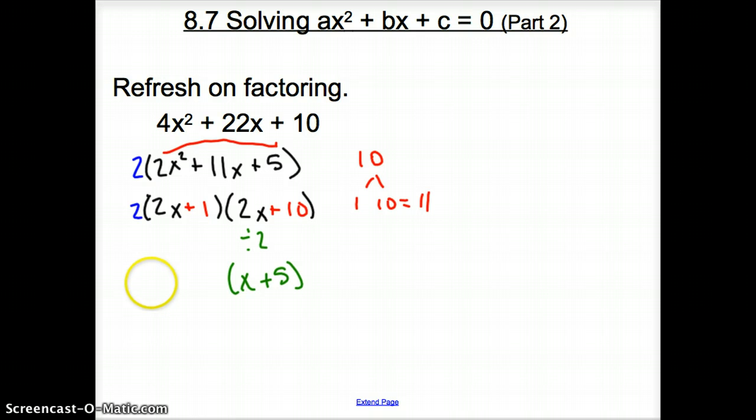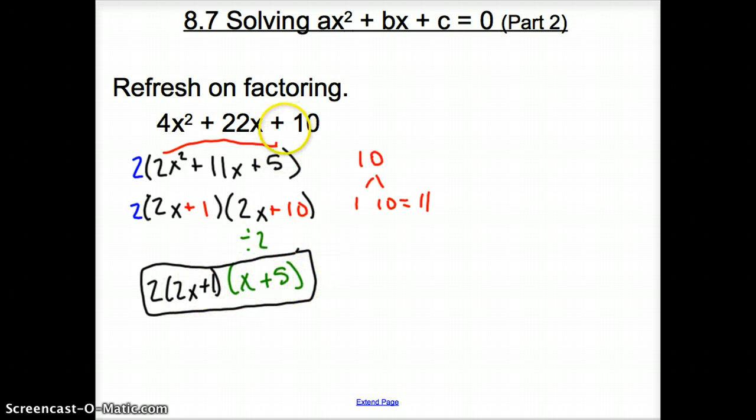This 2 comes right on down, and then that set of parentheses comes right on down. And so now our solution would be 2 times the quantity 2x plus 1 times the quantity x plus 5. So that would be the factors of this.